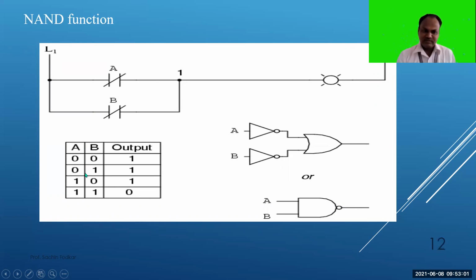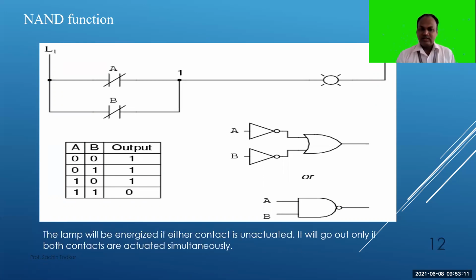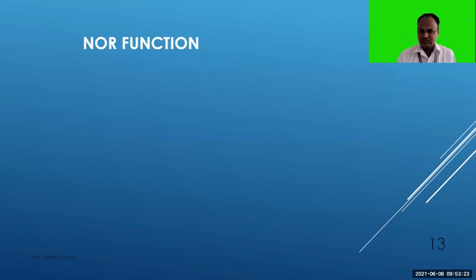If either one is open or both are 0, then your output is 1, 1, 1. So it is exactly opposite to the AND gate. The lamp will be energized if either contact is unactuated. It will go out only if both contacts are actuated simultaneously. If both are actuated simultaneously, your output will be 0.